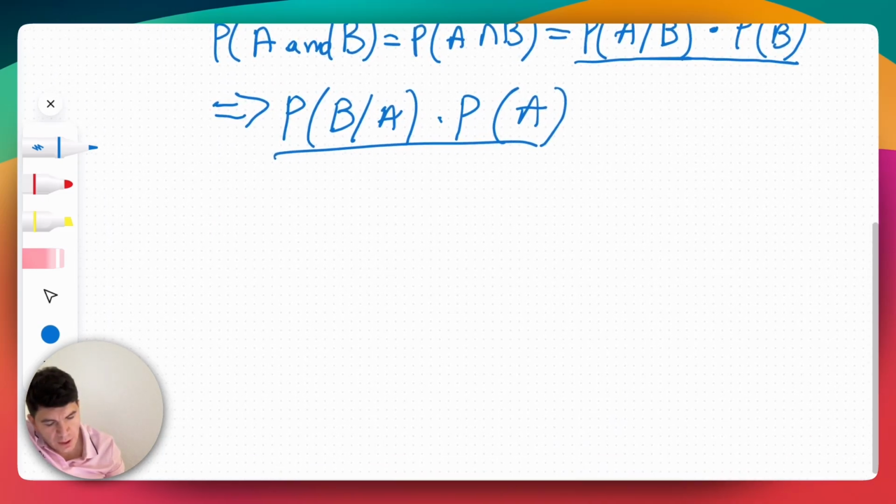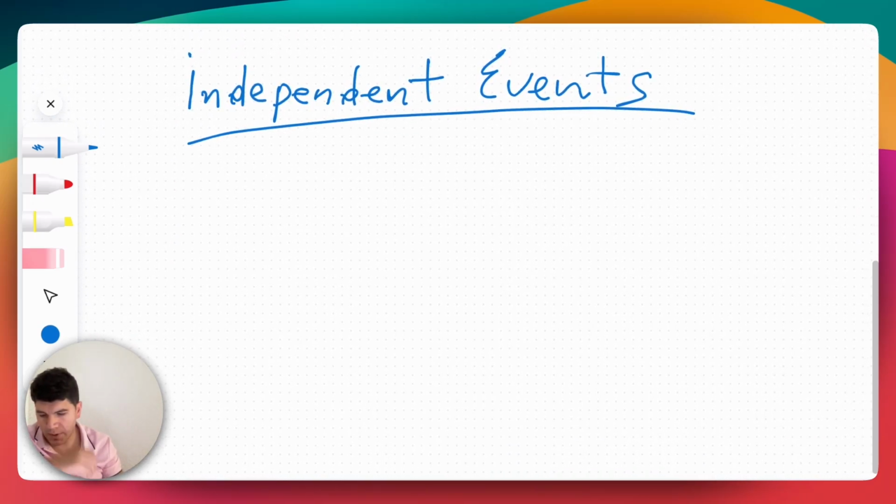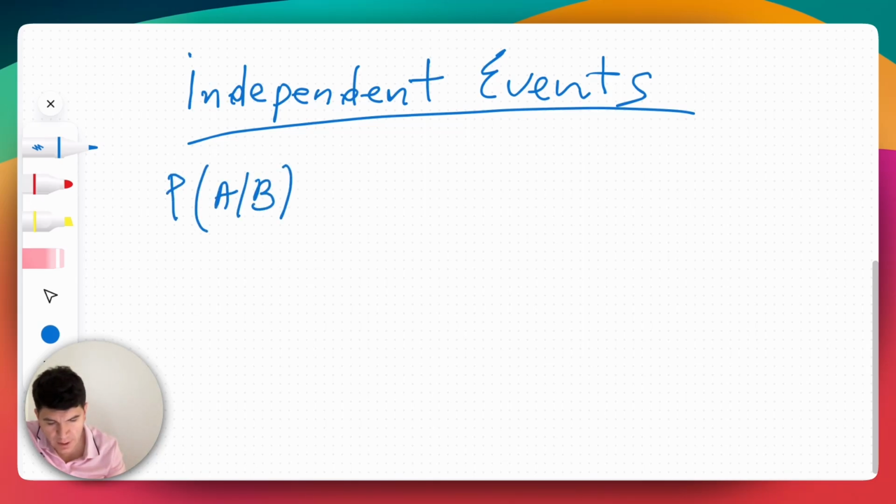So let's say you have two independent events, okay. How does it look for independent events? Independent events are events that do not depend on each other, so they are happening independently. Then, in that case, the probability of event A happening considering B has already happened is equal to the probability of event A. Why?